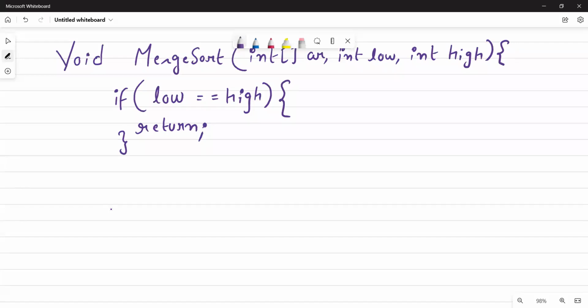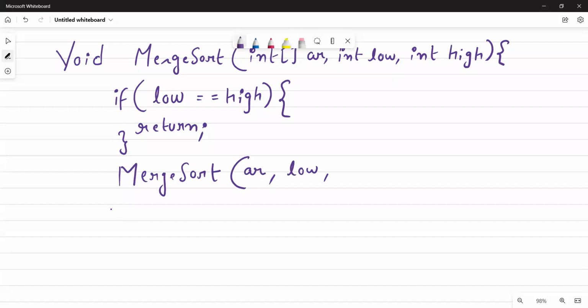Then the next step is we are dividing our array into two parts. So if we pass parameters to the merge sort, that is the same array, but the parameters will be different.